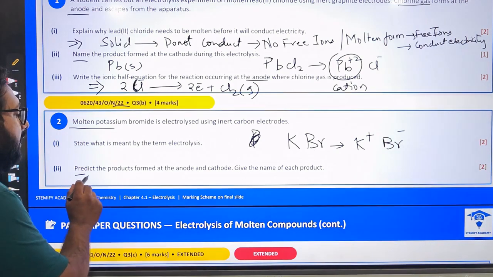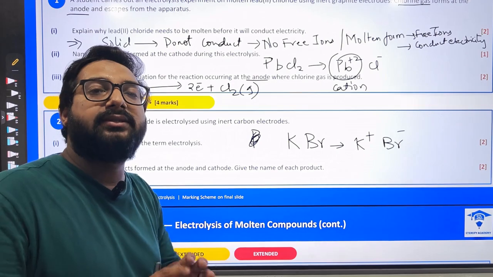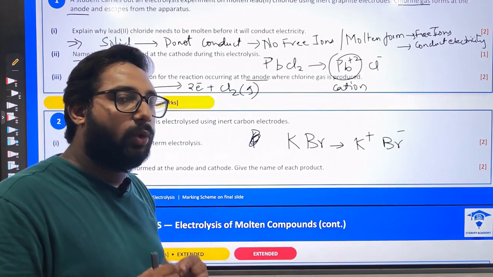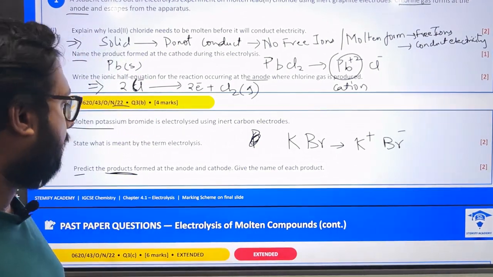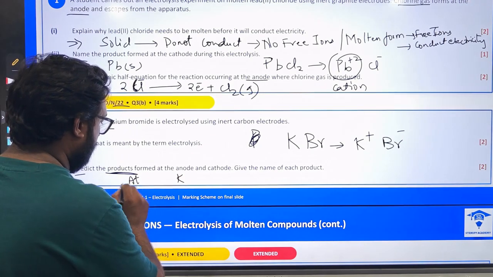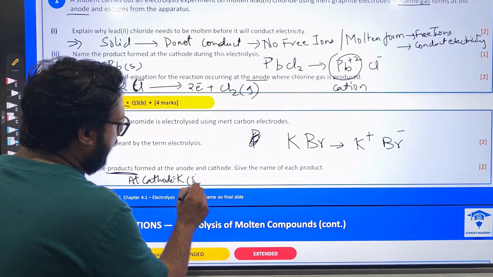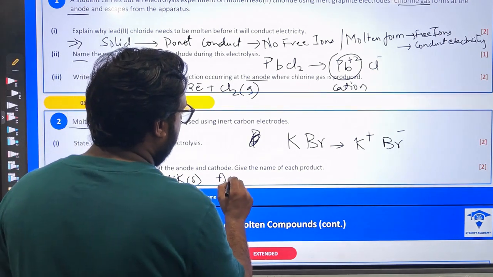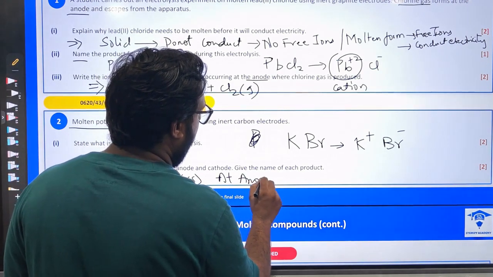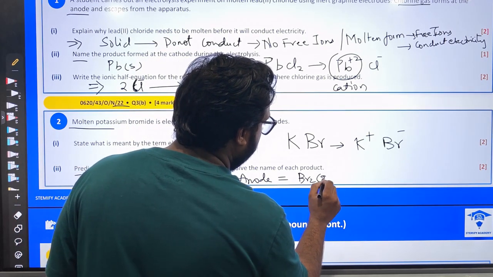We should only write the products formed at cathode and anode. It is not asking us the half ionic equation. It is only asking us what are the products formed. So you can simply write at cathode, you get potassium solid. At anode, we get Br2 gas.